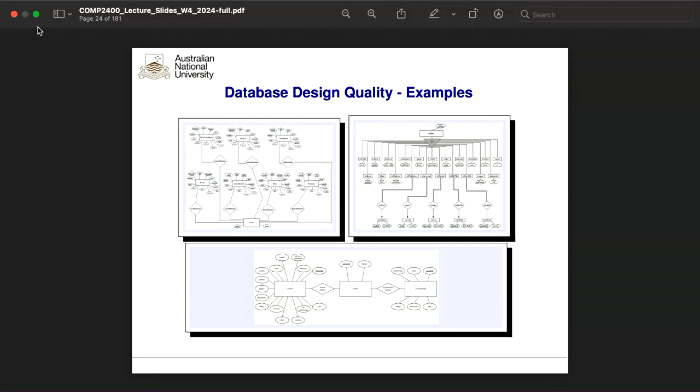Those three ER modeling solutions were from 3 different people, but for the same application and the same data requirement. They are so different. By the way, you can imagine it is very difficult for tutors to mark your ER assignment, because each of you may have a unique perspective and come up with different solutions.